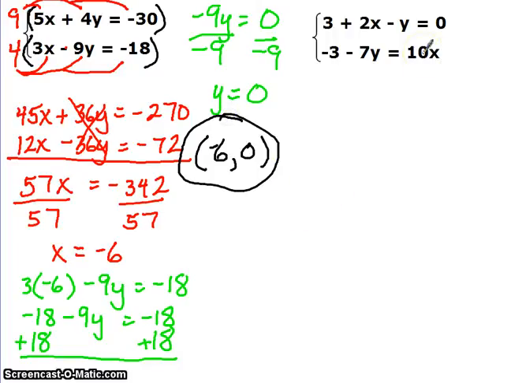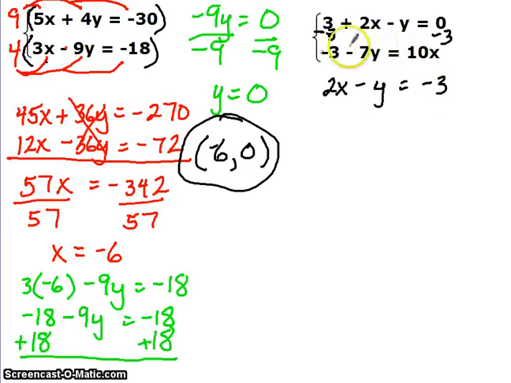Alright, last one over here. This one's all jumbled up. You see how the x's aren't on top of each other, the y's are not on top of each other. The constants are right now, but we want to move it around so it looks more like the one on the left. So in this first one, I'm going to start by subtracting 3. That constant should be on this other side, and that'll give me 2x minus y equals negative 3.